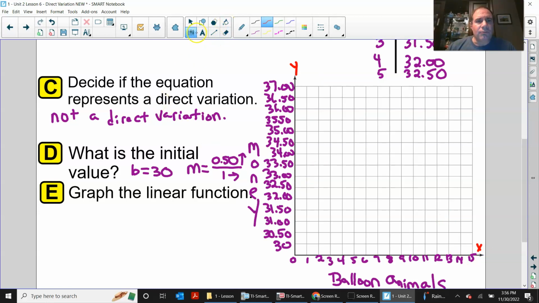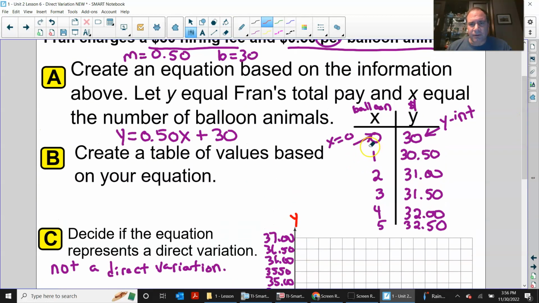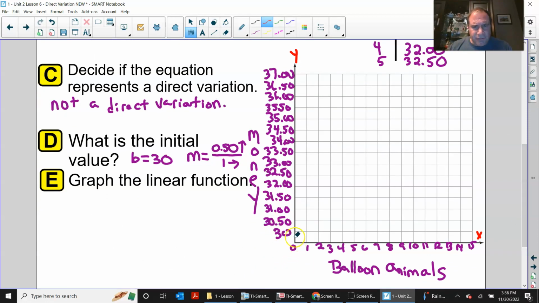All right, so what is the first point? When Fran makes 0 balloon animals, how much does she make? She makes $30. So we are going to go down and say, all right, 0 balloon animals for Fran. She still gets that hiring fee of $30.